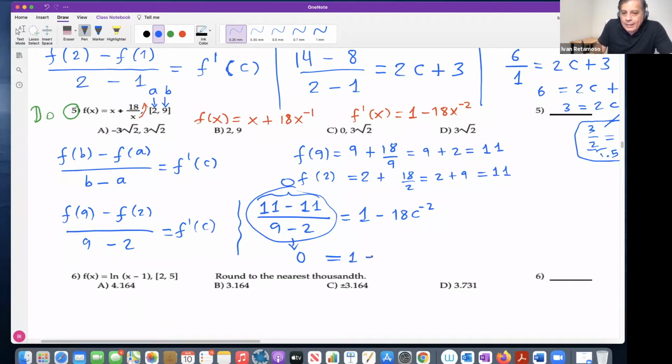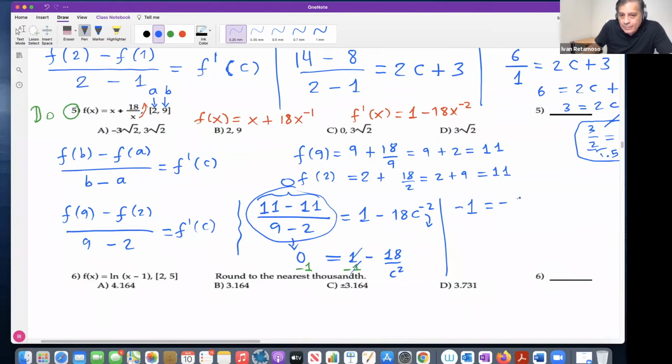Over here, I have to solve this little equation. C raised to -2, I will write as 1 over c squared. So this will become 18 over c squared, right? Now I can transpose this over here, changing its sign. I can do many things. And guys, feel free to solve this equation any way you feel comfortable, with any method you have.